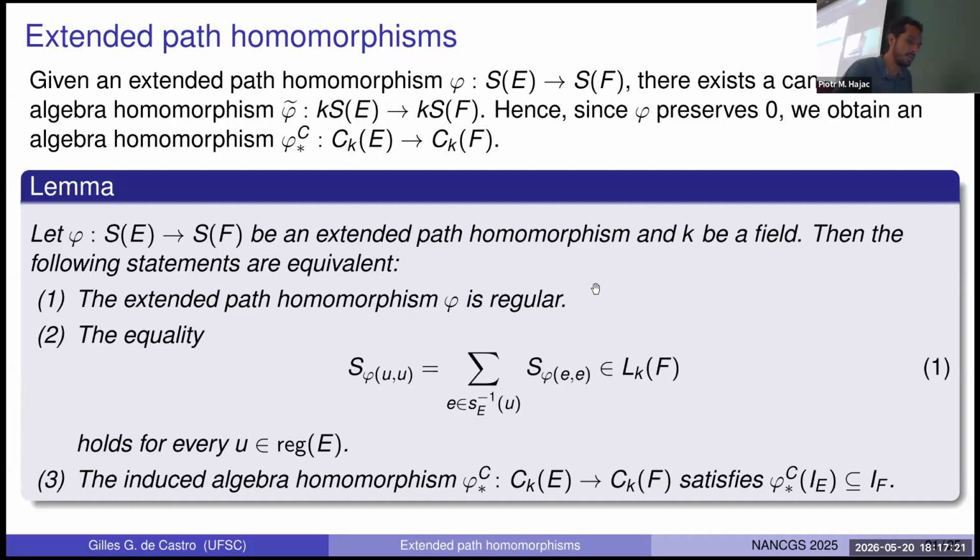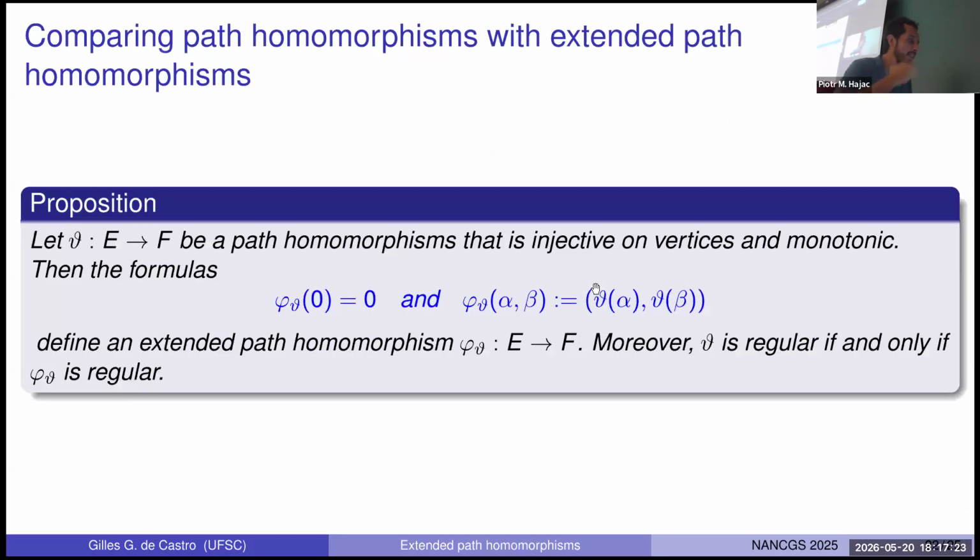Okay, so because we are saying that we have some extended path homomorphisms, we need to compare the old notion of a path homomorphism with this new one. And the formula is rather straightforward.